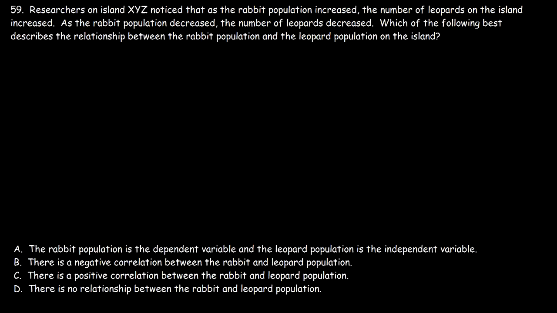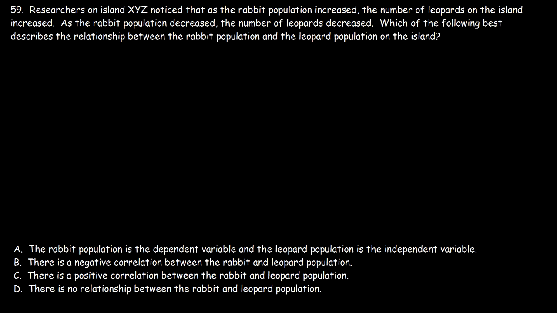59. Researchers on island XYZ noticed that as the rabbit population increased, the number of leopards on the island increased. As the rabbit population decreased, the number of leopards decreased. Which of the following best describes the relationship between the rabbit population and the leopard population on the island?